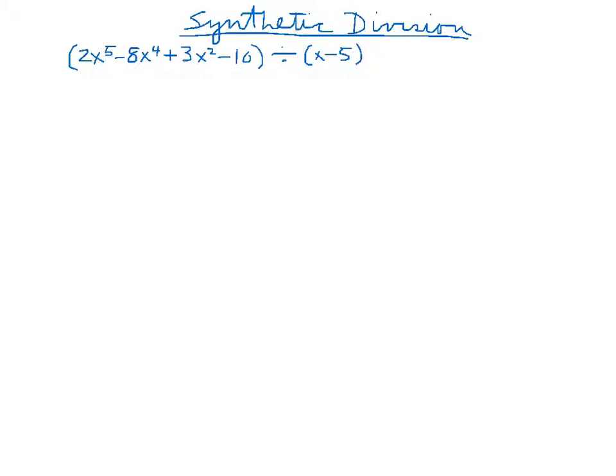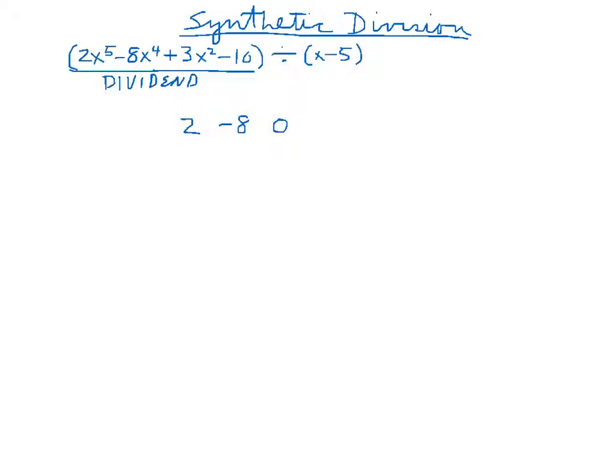To do a synthetic division, we first of all take what we're dividing into, which is the dividend, and we represent it by its coefficients. So we write 2x to the fifth minus 8x to the fourth plus 0x to the third.